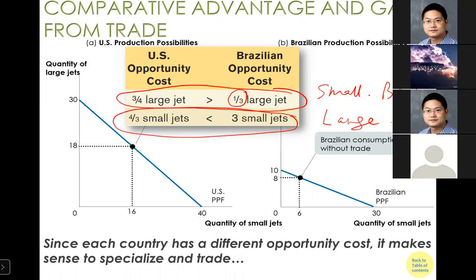The comparative advantage says whoever has the lower opportunity cost in producing that good, that country is going to specialize in doing that.